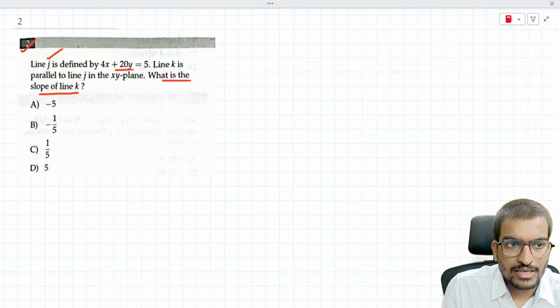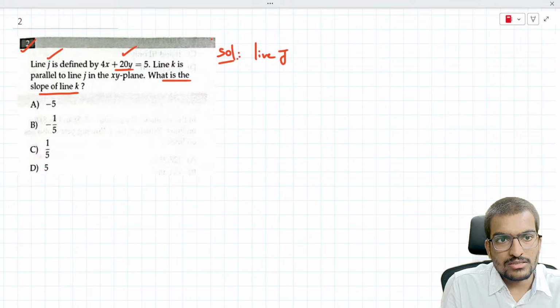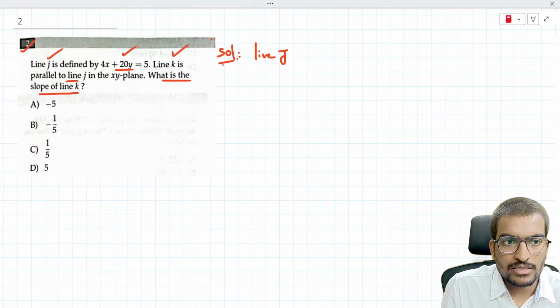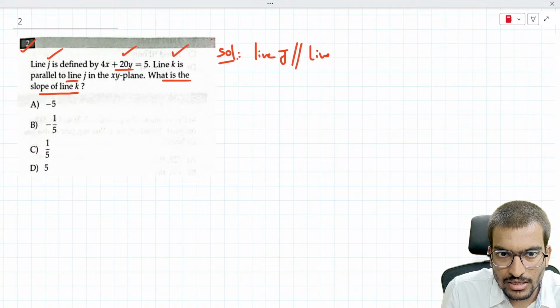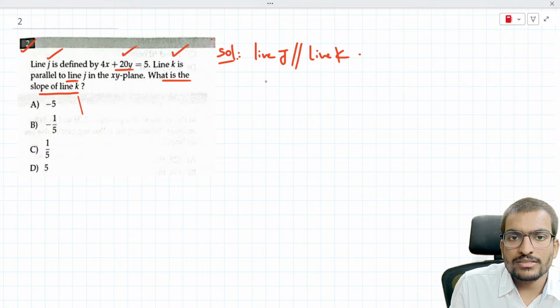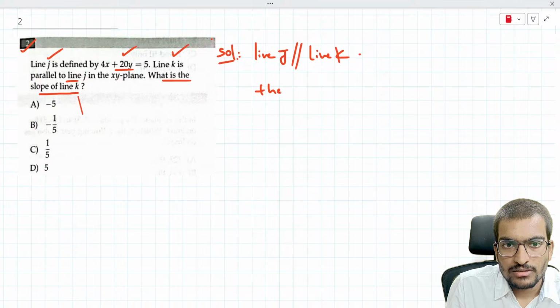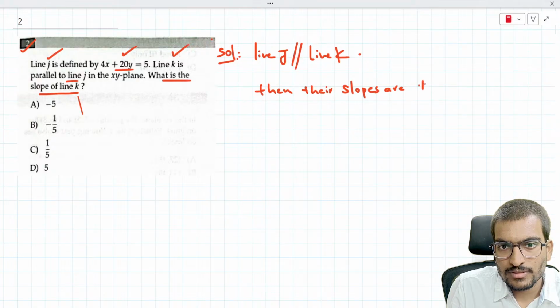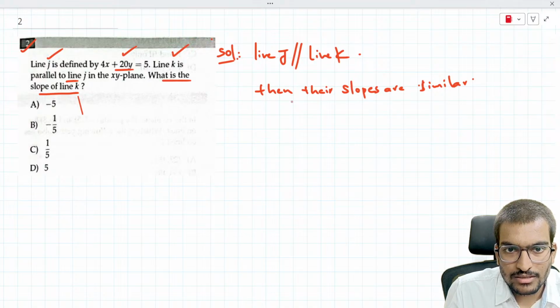Here we need to understand line J. Line J and line K are parallel, and we need the slope of K. We need to understand that when two lines are parallel, their slopes are the same, or equal.